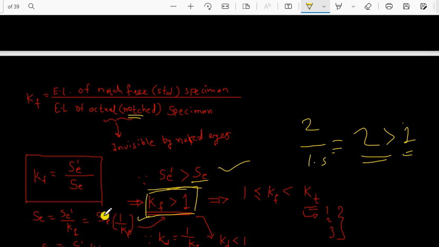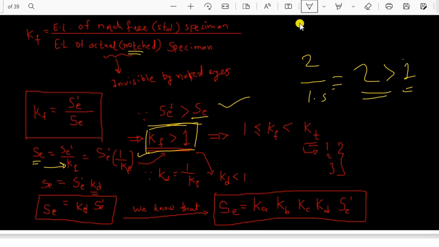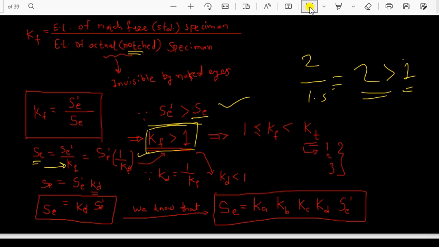Now, for finding the SE value, what will I do? I will convert this Kf in terms of Kd, 1 by Kf. We have written it separately: SE dash into 1 by Kf, and I am putting 1 by Kf equal to Kd. Here you can see I have let Kd equal to 1 by Kf, and you know that Kf will always be greater than 1.